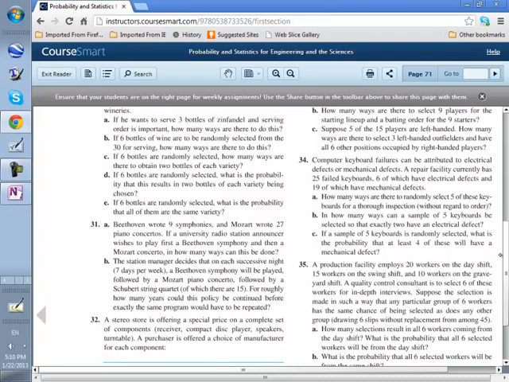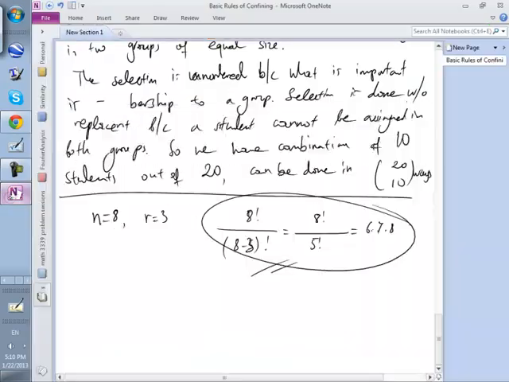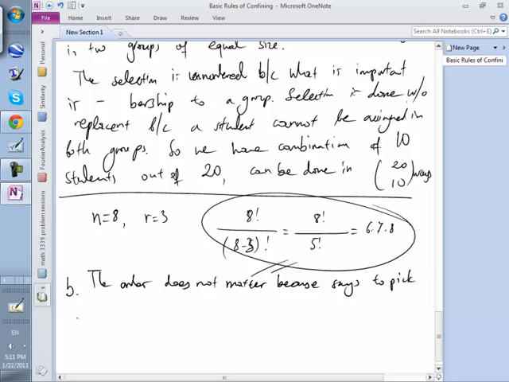Just pick a group of 6. So for question B, the order does not matter, because the problem says just pick 6 bottles. What does the randomly imply?